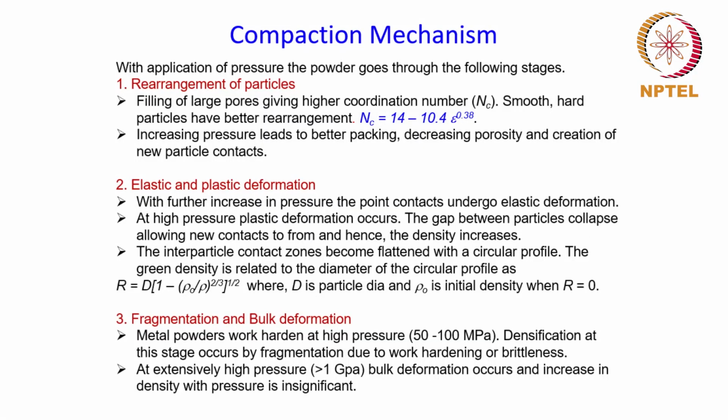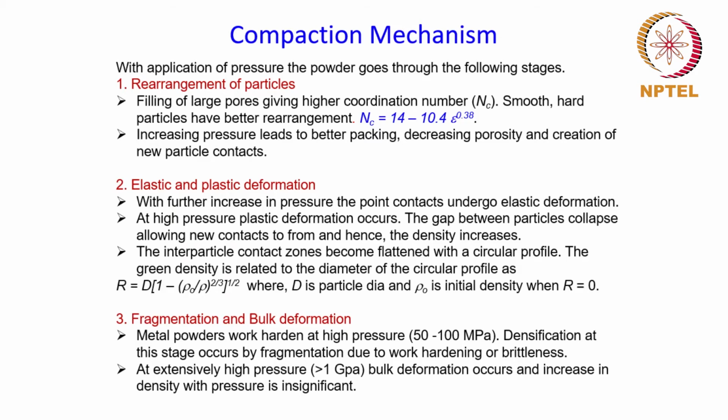Now going into a little more detail on the compaction mechanism, let us see what happens during each of these phenomena that we described in the previous slide. With the application of pressure, the powder goes through the following stages, as we have seen in the previous slide also. First, the rearrangement of particles.